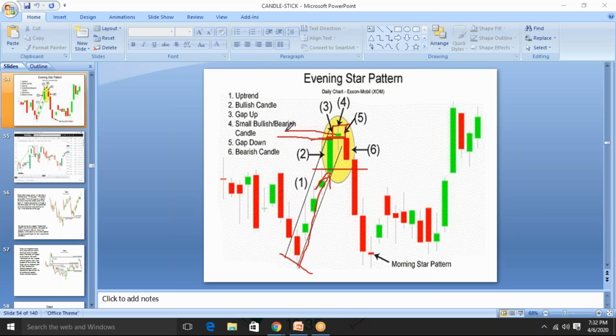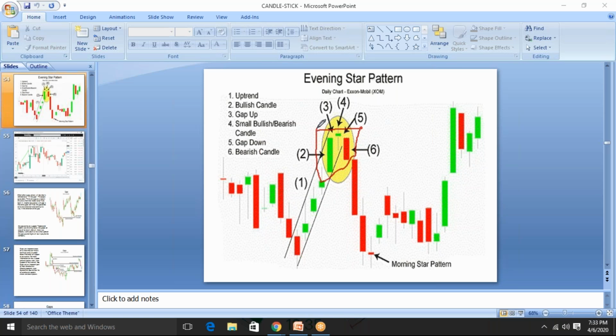So this is clearly a gap up opening, and the body of this candle should be small, and its color can be either red or green. Color is not an issue. And the next candle should be bearish. Only then can we consider these three candles together as forming a pattern known as the evening star.